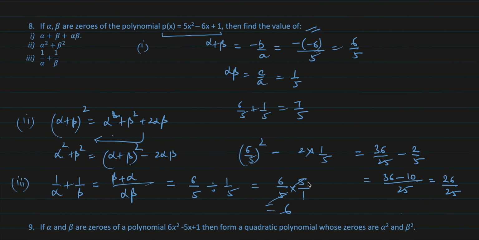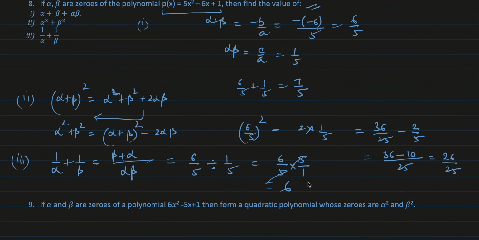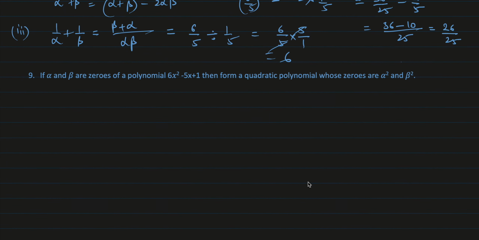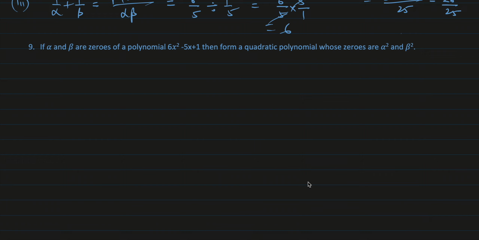Now let's move to the next question. Alpha beta are the zeros of this polynomial. You have to form a quadratic polynomial whose zeros are this. If you know alpha beta are the zeros of a polynomial, to get a polynomial you have a formula.